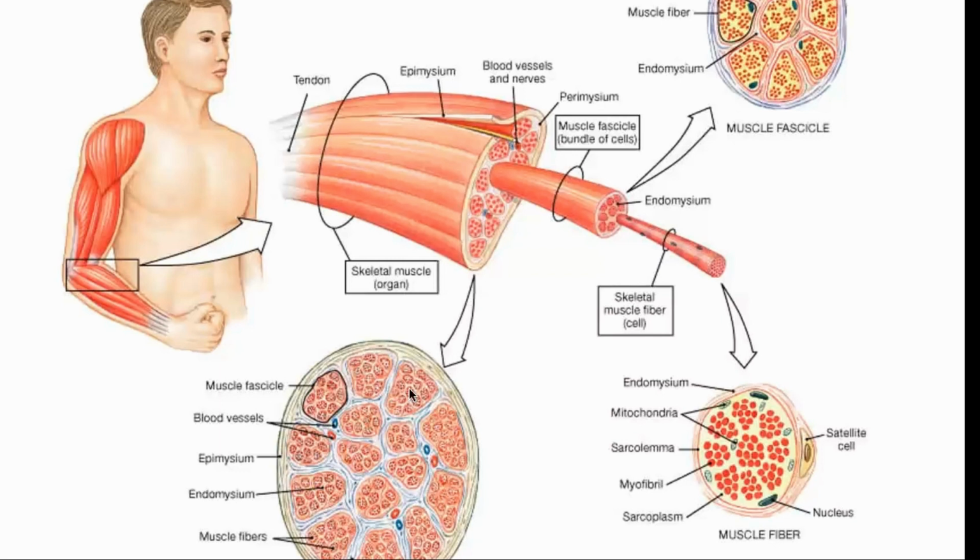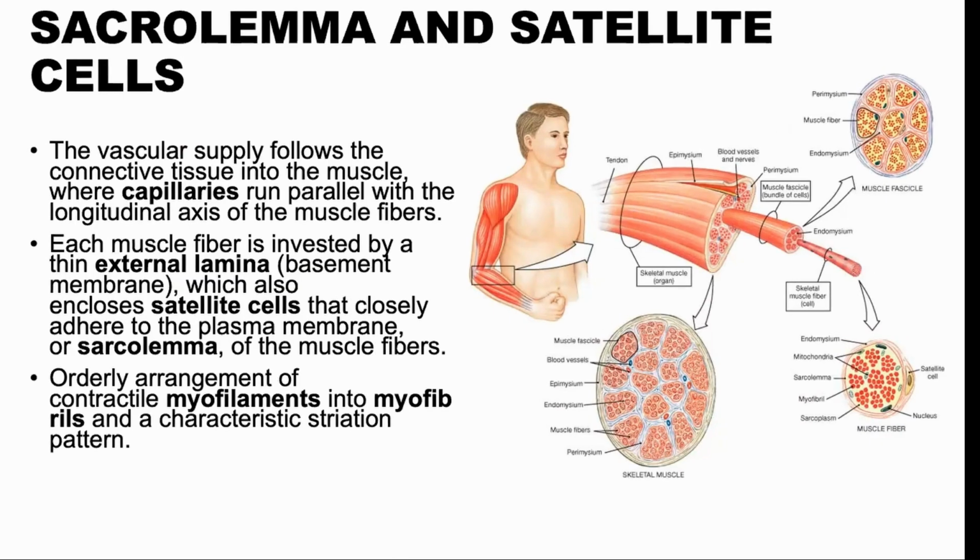This is just another picture of the layers as well. Sarcolemma, we know, is the plasma membrane. The vascular supply comes through capillaries. These fibers need blood. They need nutrients. They need everything. So it's the blood that will carry the nutrients, the ions, whatever it is that needs to be discharged within the cell.